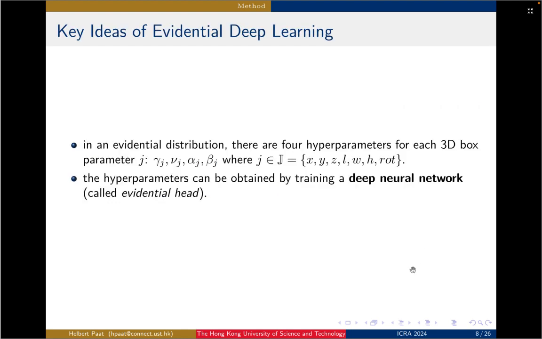For simplicity, we skip the mathematical details about evidential deep learning and just discuss the key ideas. In an evidential distribution, there are basically 4 hyperparameters for each of the 7 3D box parameters. And we train a deep neural network to obtain the values for these hyperparameters.